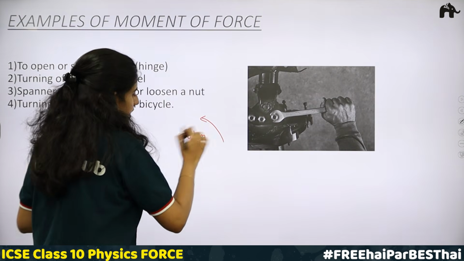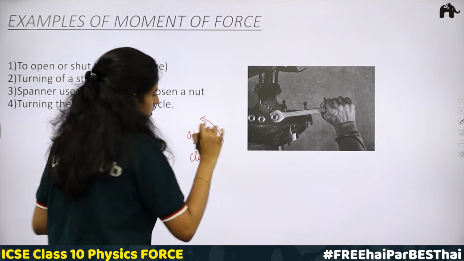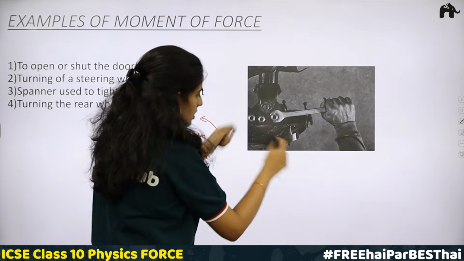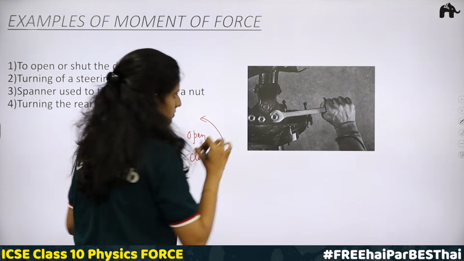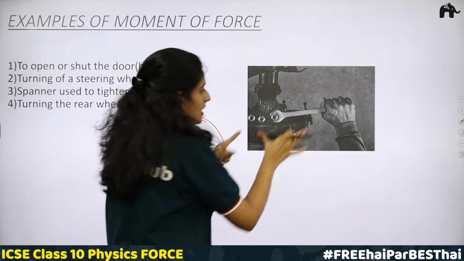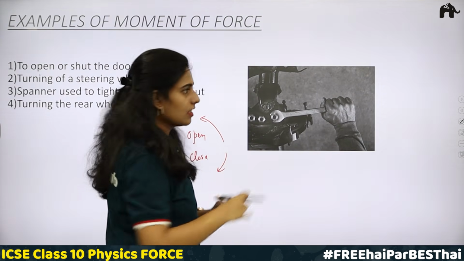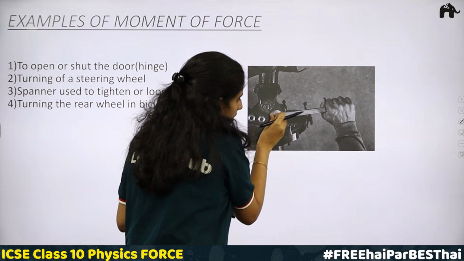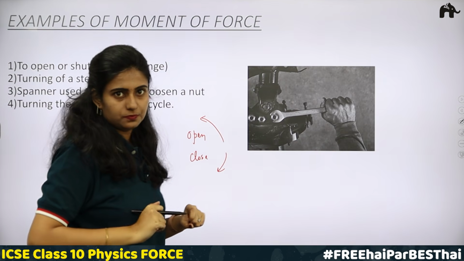Next, in order to tighten it or close it, what is to be done? He will have to move in this direction, right? In this direction means the clockwise direction. Again, force is applied by him. Then, there is a perpendicular distance. The screw is tightened. There is a turning effect.